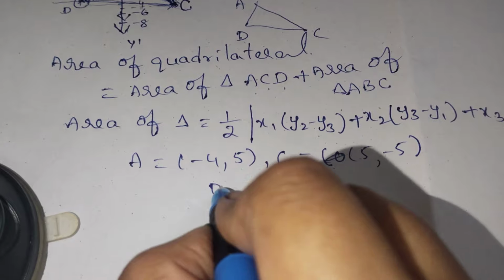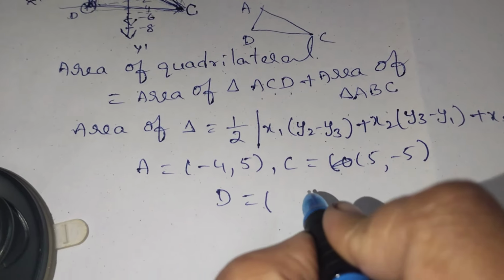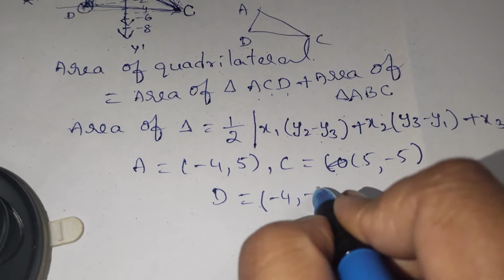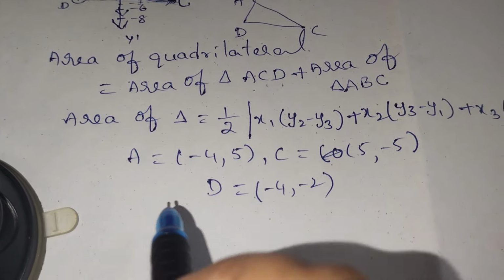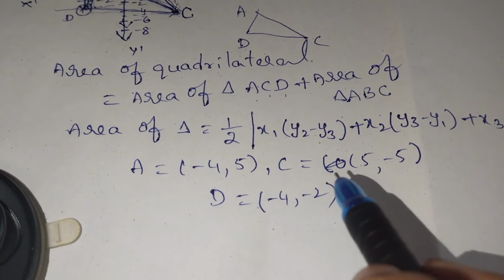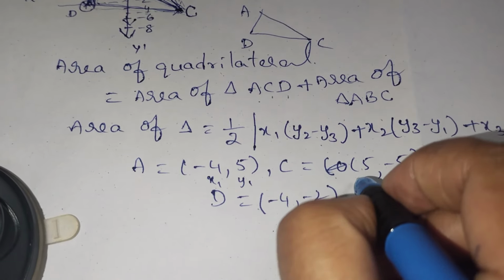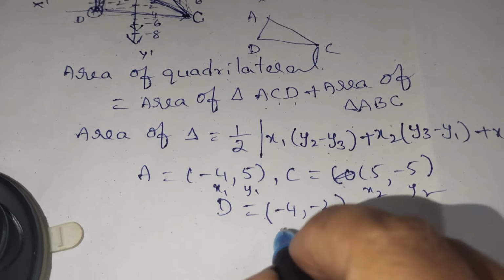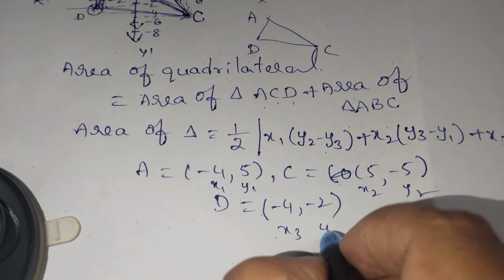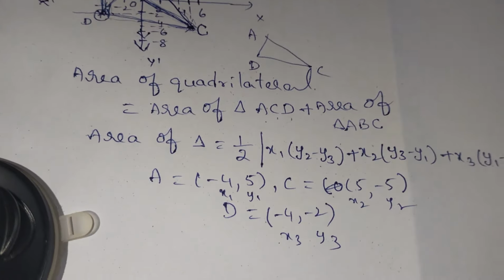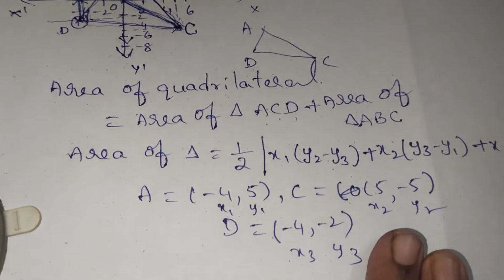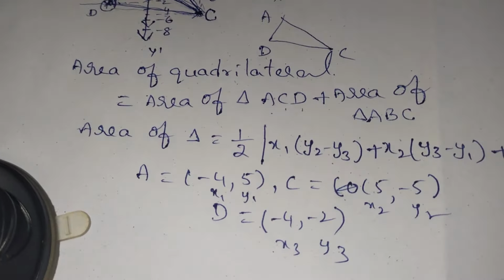And what is the D point? Minus 4 comma minus 2. So first we identify A as x1 y1, C as x2 y2 and D as x3 y3. Substitute these values in the formula.